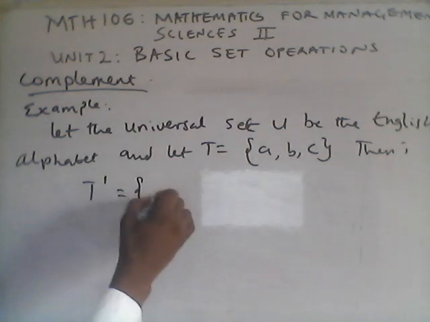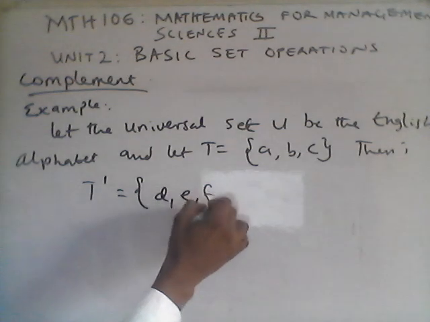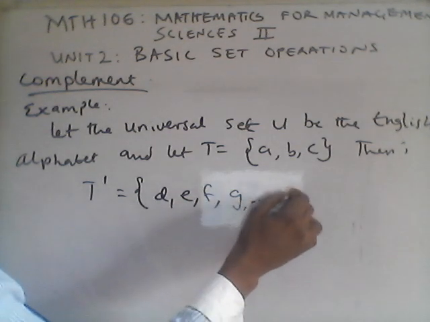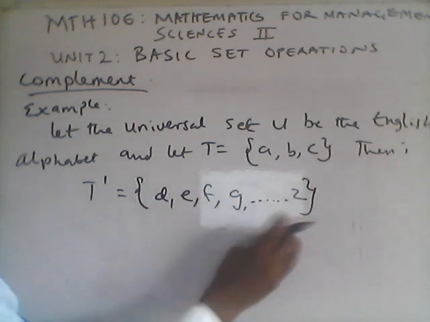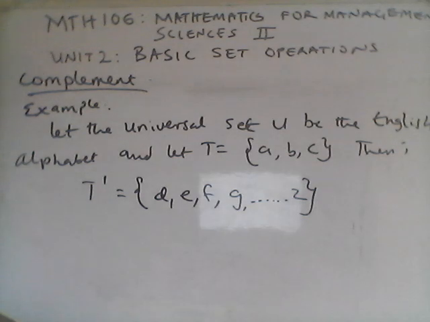So I have D, E, F, G, and so on to Z. Understand? So T complement is what is not in the mentioned set but is in the universal set.